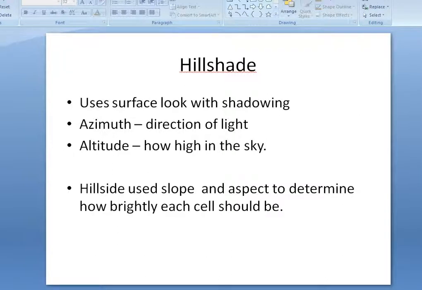If I were living in a different part of the country, maybe there's some standard altitude and azimuth that they use to get good illumination. And when I want to symbolize my hillshade, you always put your DEM in the layers above your hillshade, and the DEM is the layer that has a transparency, and it's the layer that is colored. Your hillshade is left in black and white.